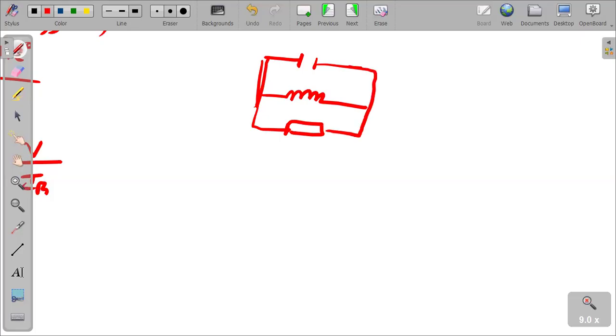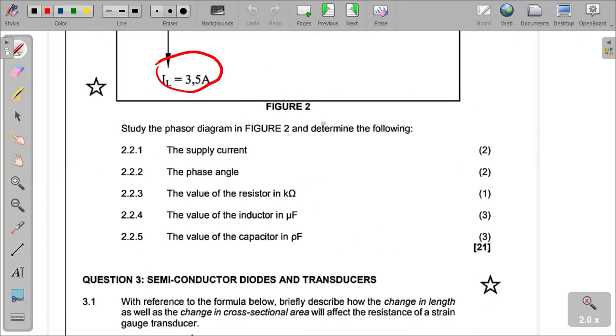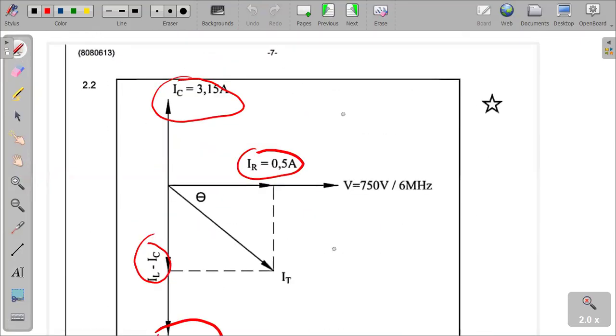How did we know? Because of the currents: IL, IC, IR, and then we have a supply voltage. So of course we've been given the supply voltage, it's in AC, and also we've been given the frequency. That information has already been given: 750 and 6 megahertz.